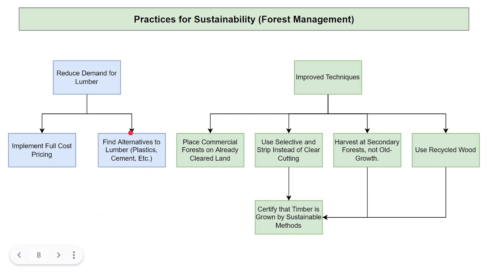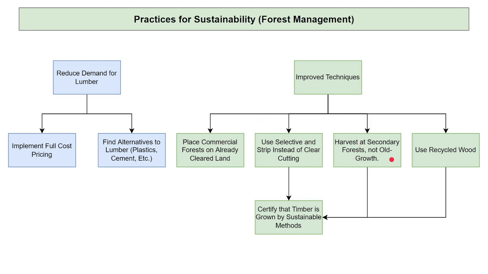Also, finding alternatives to lumber, things like plastic and cement. Obviously, all of those are going to have environmental impacts as well, but it does help with deforestation. And we can also use improved techniques. So use commercial forests and already cleared lands, instead of old growth forests that already exist.